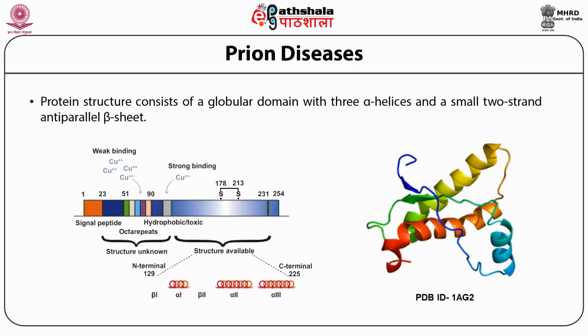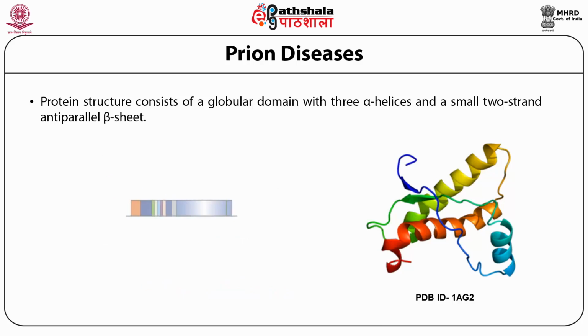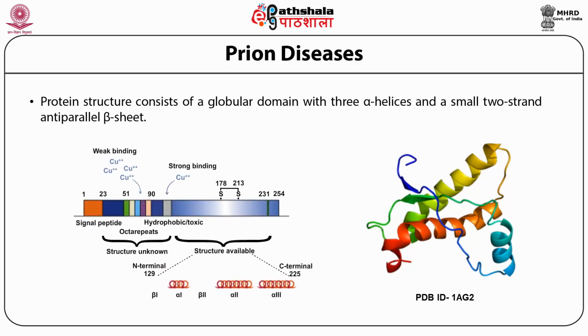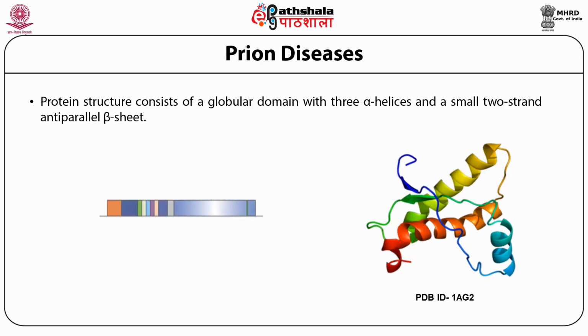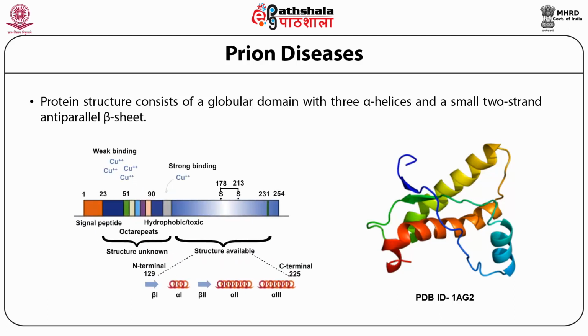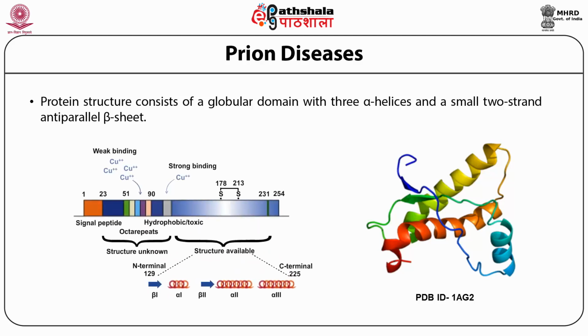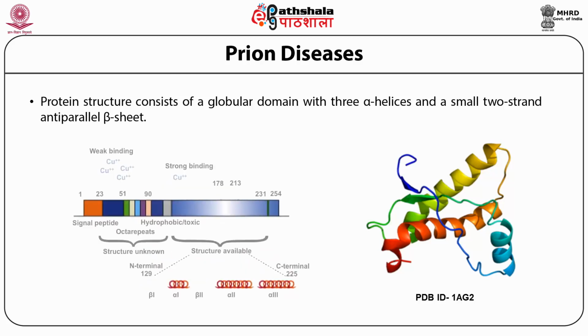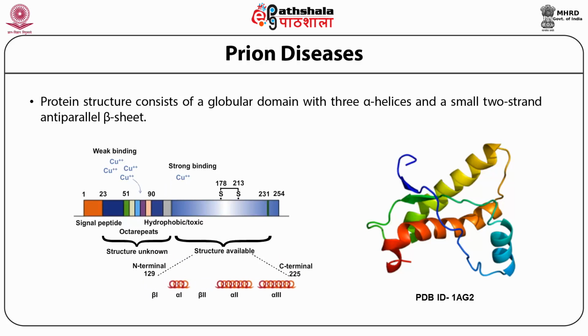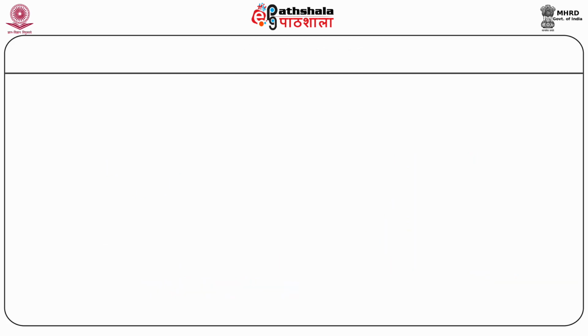There is a hydrophobic part after the copper binding region, and the available structure, shown on the right side, is the one between the copper binding site to 200 and about 240 residues. So this part, whose structure is determined, has 3 alpha helices and 2 beta sheets.